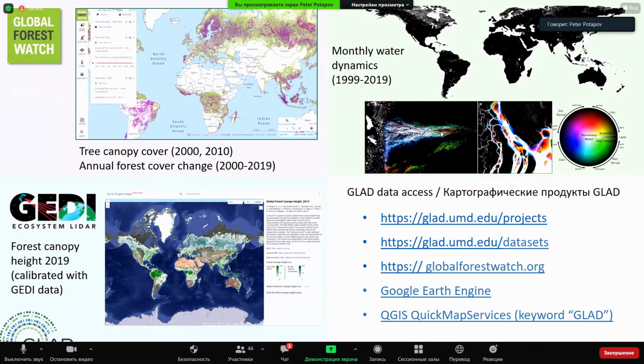And Amy Pickens, our PhD student, last year published another product which shows water bodies, lakes and rivers changes globally in the last 20 years with a temporal resolution of 1 month. This data is also available at our website and as assets in Google Earth Engine.